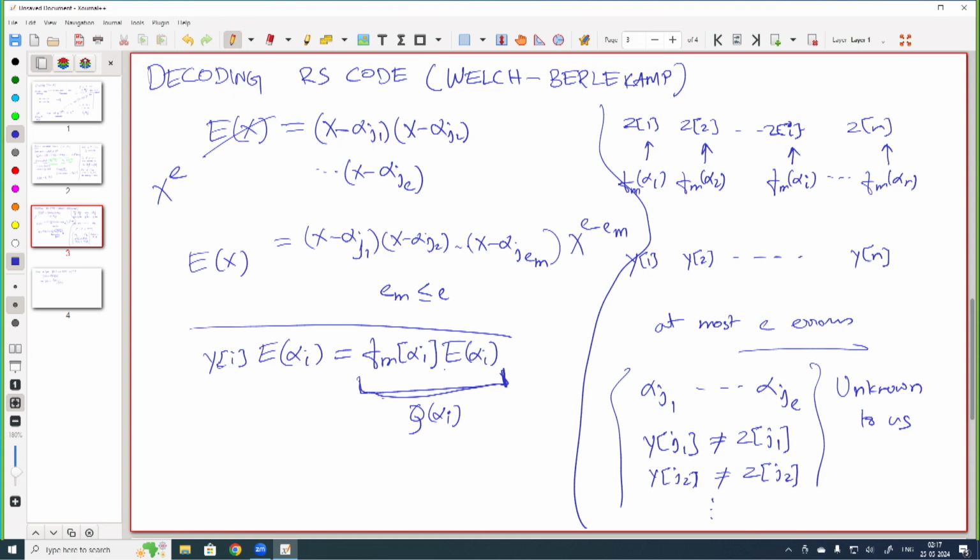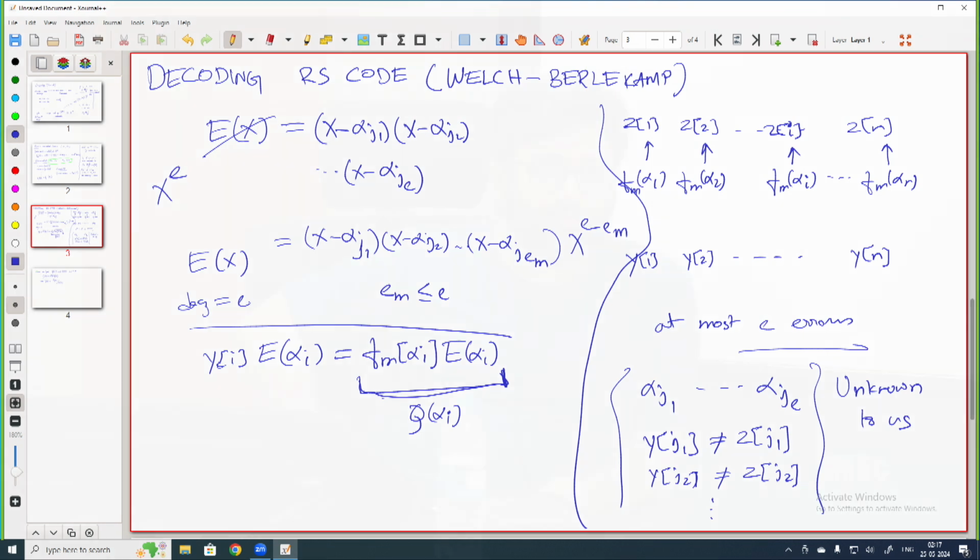And if you look at the right hand side of this expression here, I have defined E of x to be a polynomial of degree exactly E. And this polynomial f m in the Reed-Solomon code, it was a polynomial of degree what?